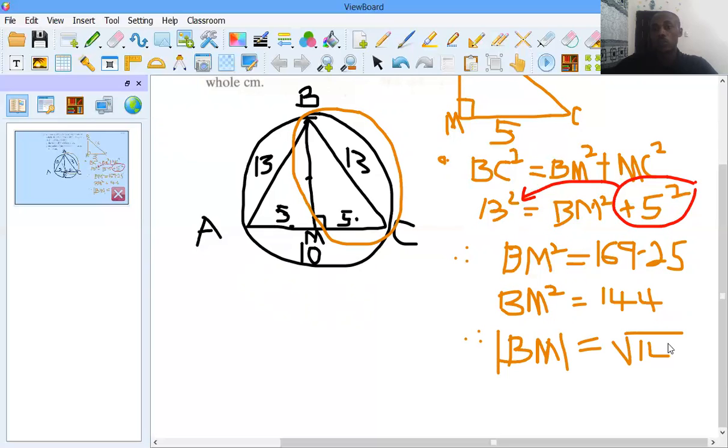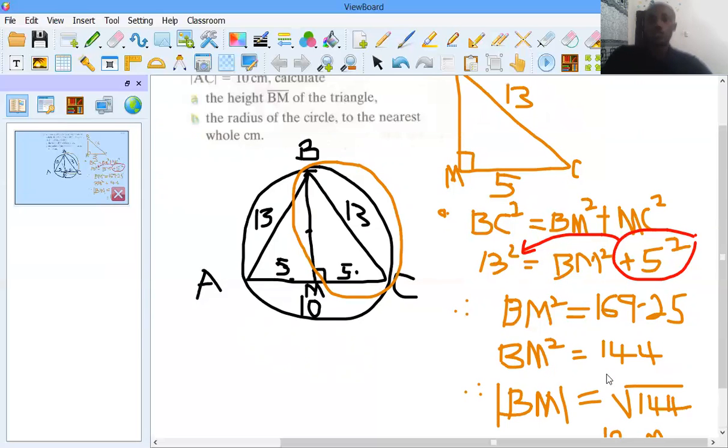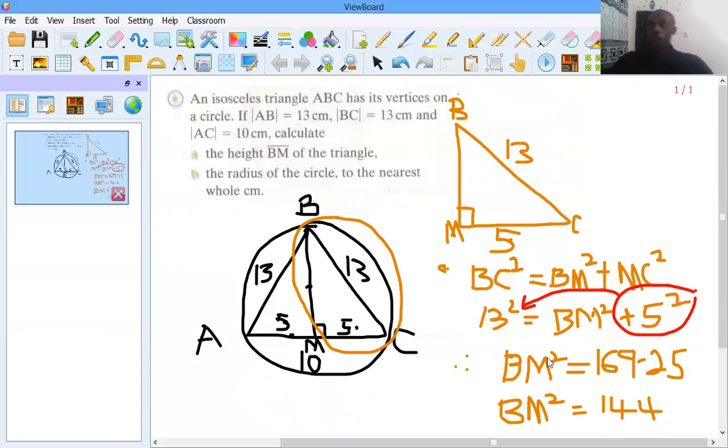But since we are dealing with length, we are interested in just the positive value. Hence, the magnitude of BM is 12 centimeters. I hope this is clear.